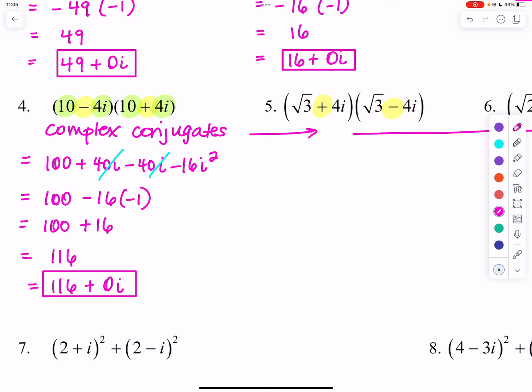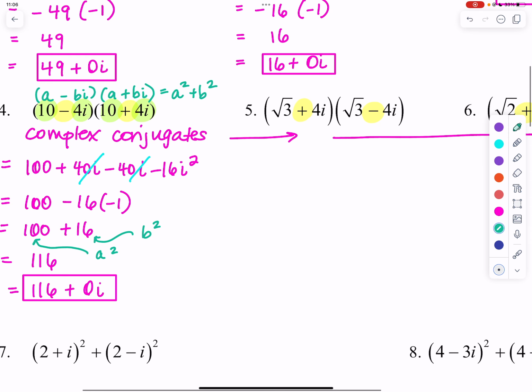So what is the pattern? The pattern, if you can see here, this is our a squared, and this is our b squared. So if we have a minus bi multiplied by a plus bi, we will have a squared plus b squared.